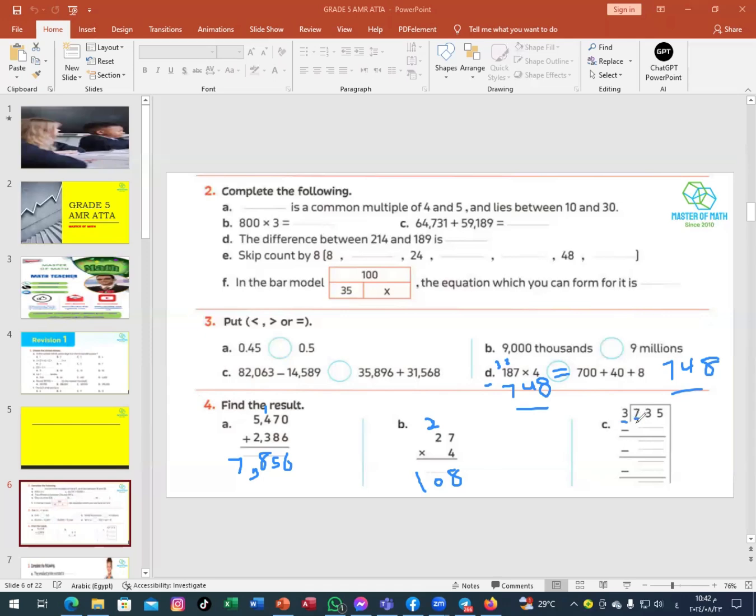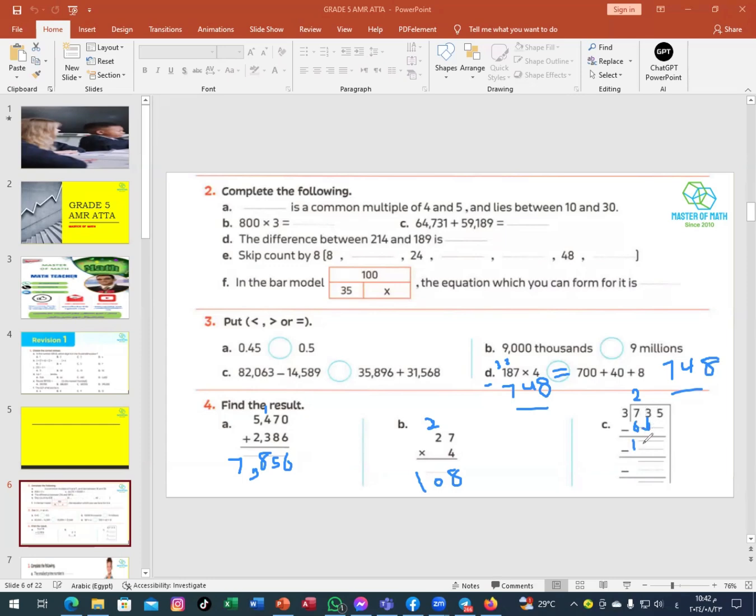I will go back to become 6. 6 divided by 3 equal 2, okay? 2 times 3 equal 6, and I subtract 7 minus 6 equal 1.